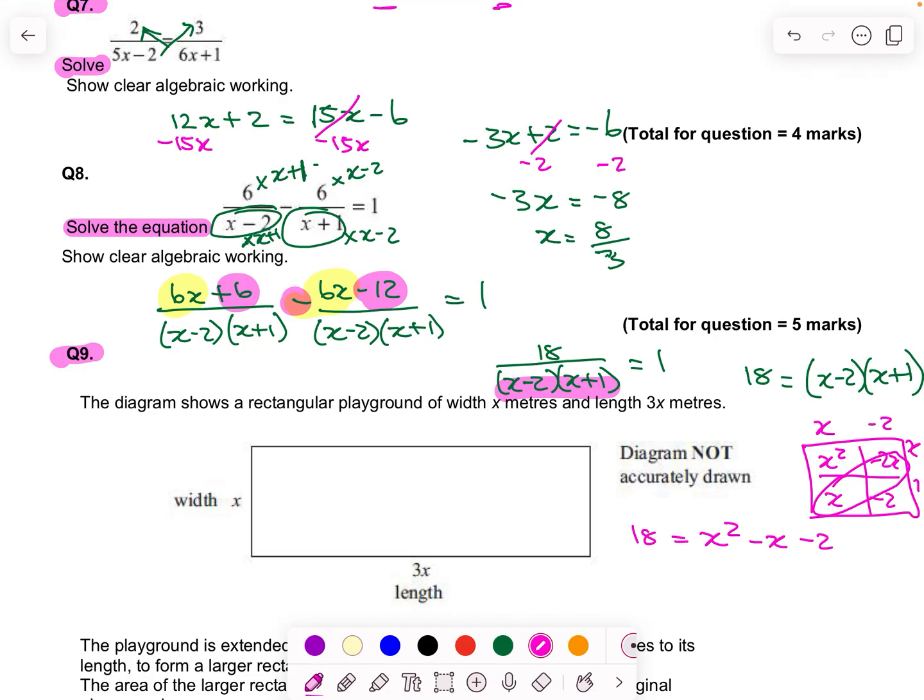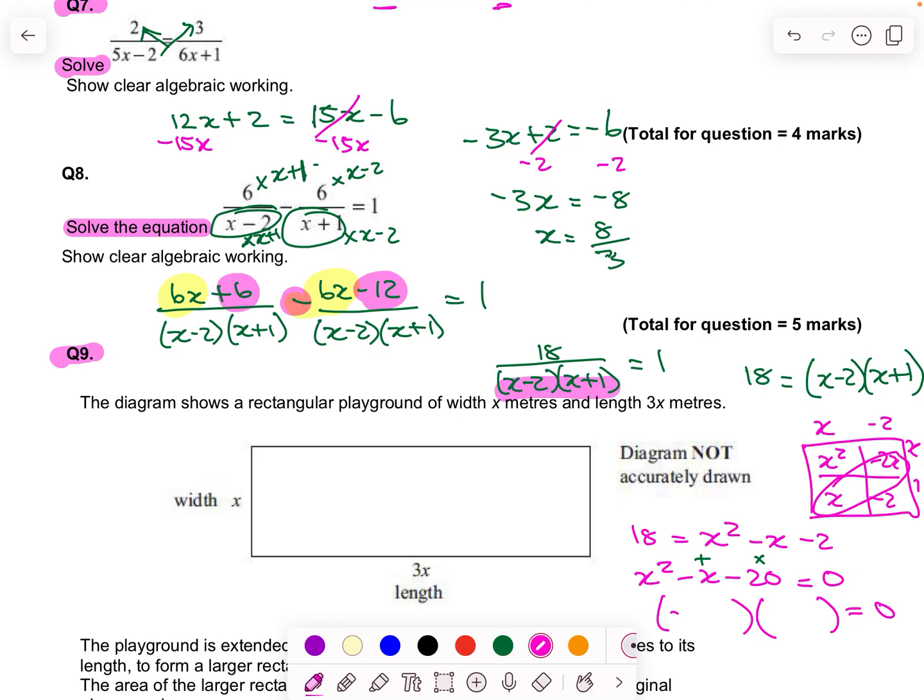Then I'm going to put it all onto one side so that I get x squared minus x minus 20 equals 0. I can then factorize this. And this is the nice factorizing. So two numbers that multiply to make minus 20, but add to make minus 1.